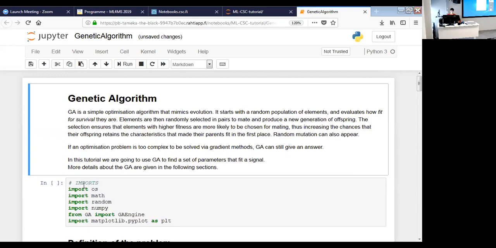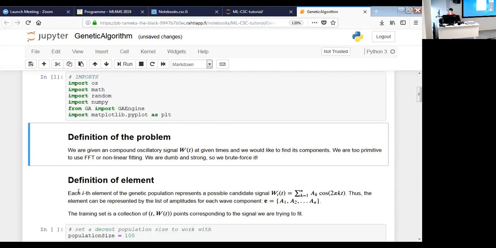So how does it work? We start with a population of models. They're all going to be randomly different. We evaluate how well they do, and then we mix the good ones. That's how evolution works.